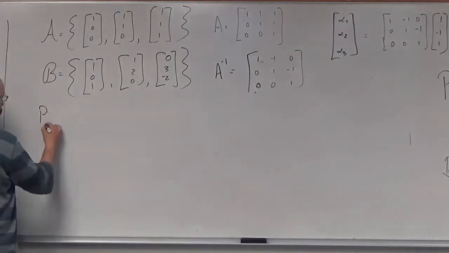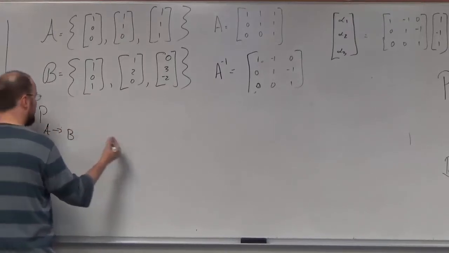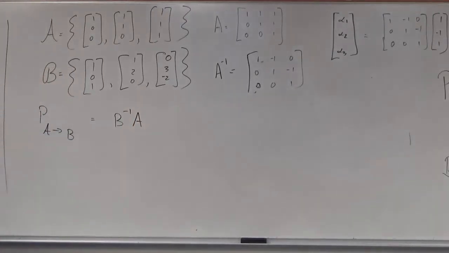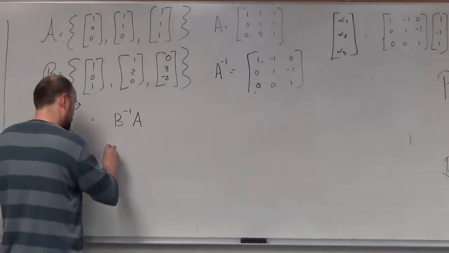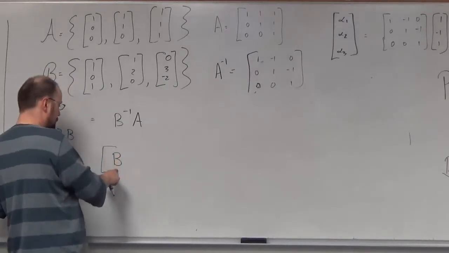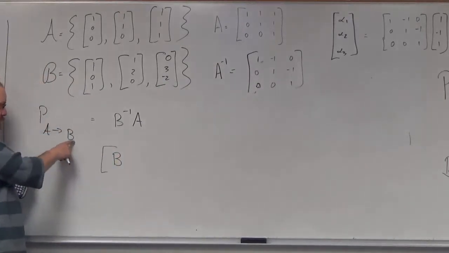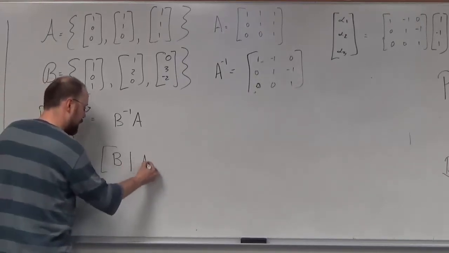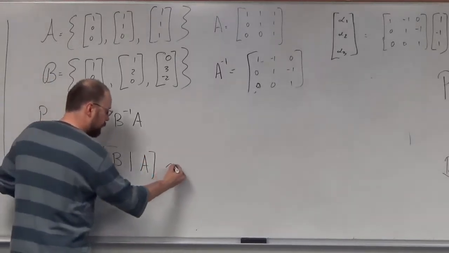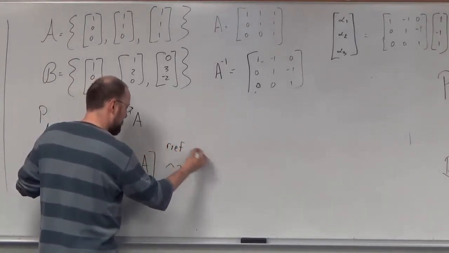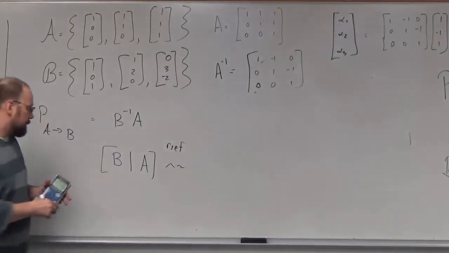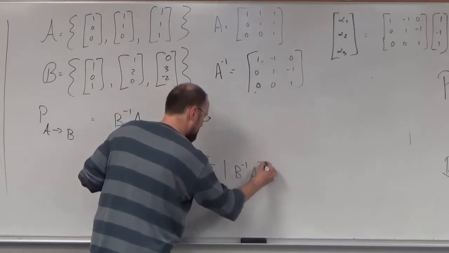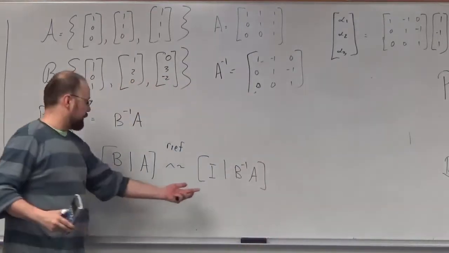If I wanted to find the transition matrix from A to B, I said that was equivalent to B inverse A. So I could have taken matrix B, the matrix for the output coordinate vector, augmented with matrix A, and started row reducing until B becomes the identity, and invariably this becomes B inverse times A. And so that would be your transition matrix.